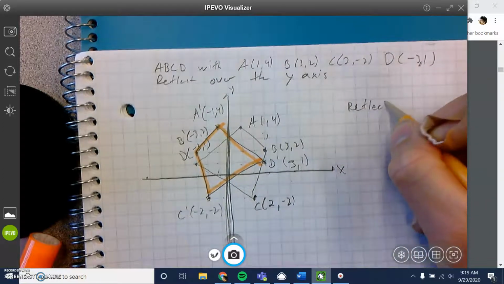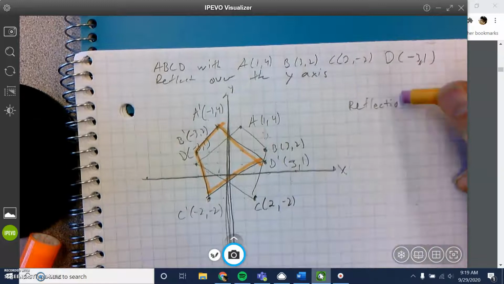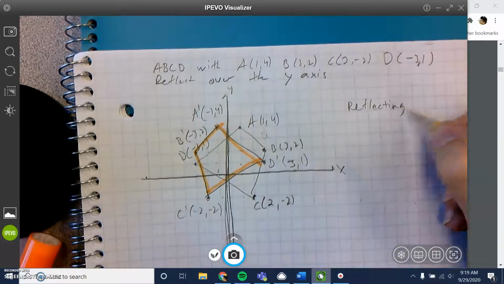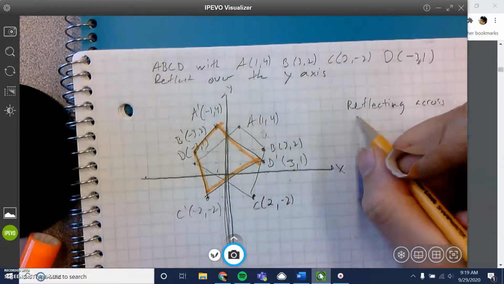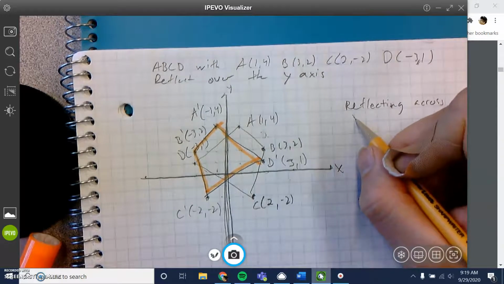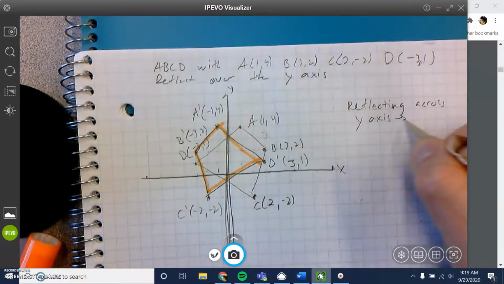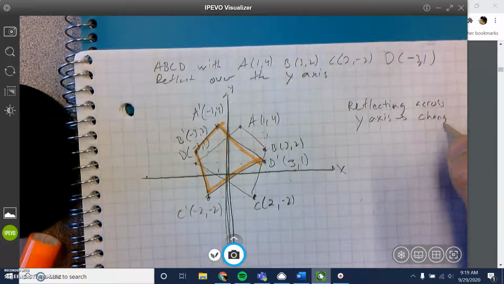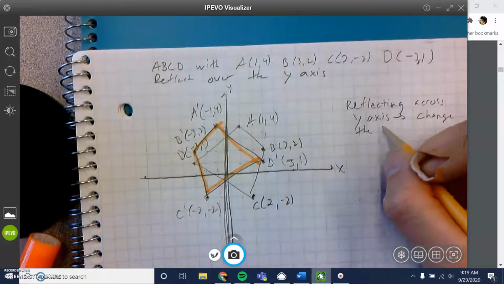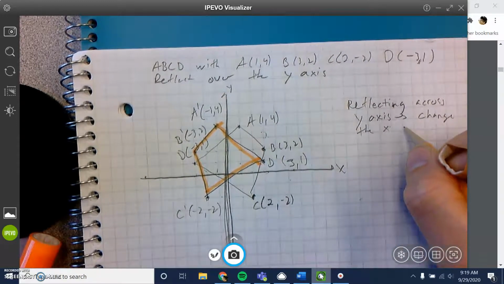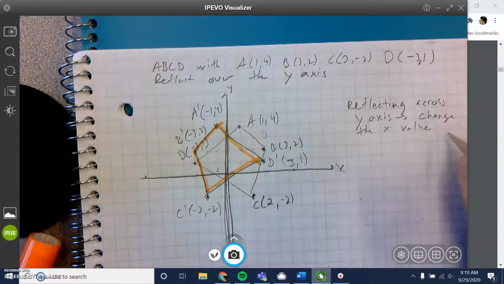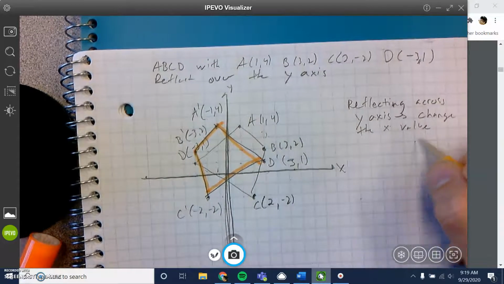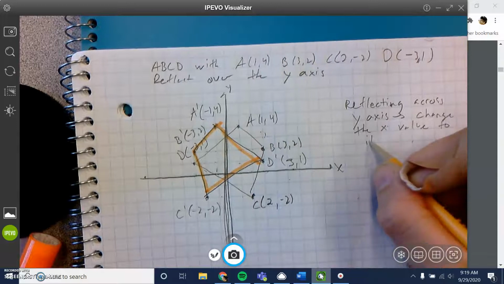Cool. So, write this down: reflecting across the y-axis, change the x value. So I'm changing the x value to its opposite.